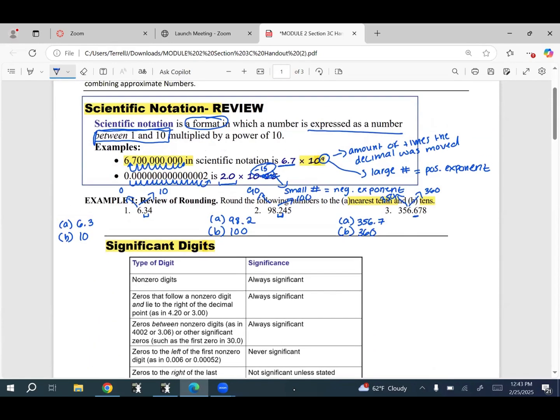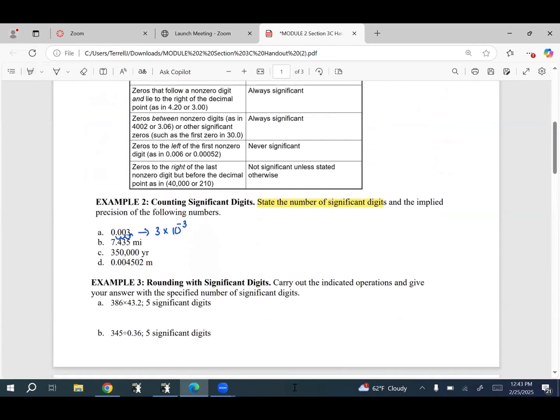Remember I said, I'll highlight it for you, large number, positive exponent, small number, negative exponent. That's what you want to be reminded of. So this was a small number, so it's a negative exponent. Now that I have it in scientific notation, the number of significant digits is however many digits are in this number right here. There's only one digit.